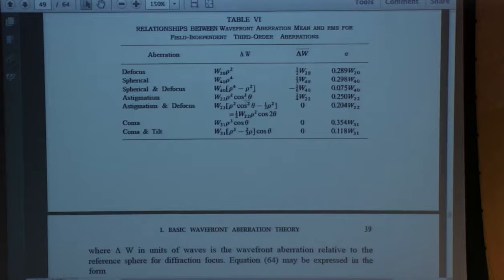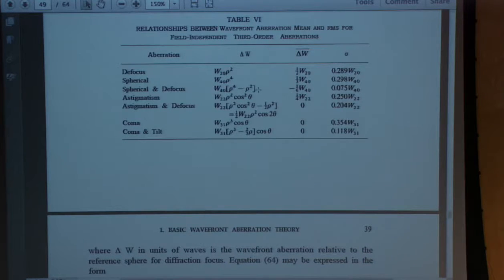So adding in the defocus greatly reduces the RMS for a spherical aberration. And the amount of defocus we added in, I made it equal to the amount of spherical, but with a minus sign.